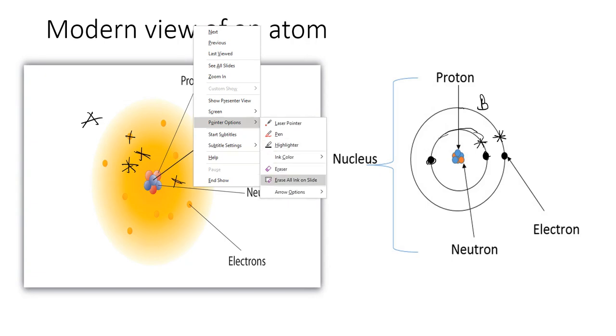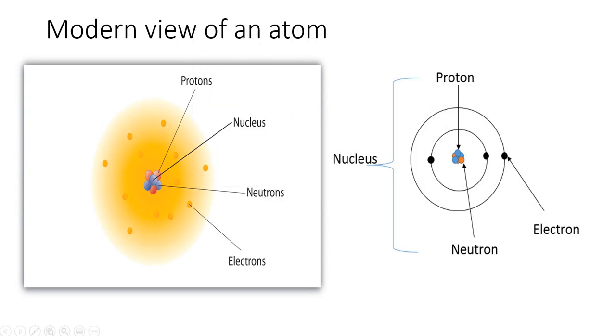Now, just to make matters easy, when presenting electrons, so let me write the diagrams again. To make matters easy, when presenting an atom, we normally use diagram B. Although we know that it has limitations, it does not show us the clouds.